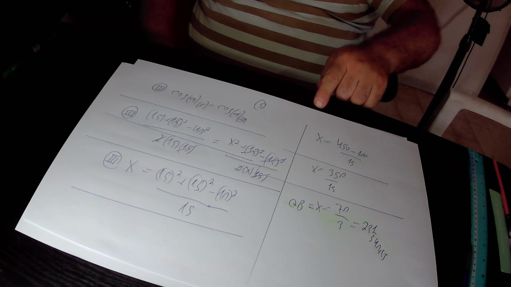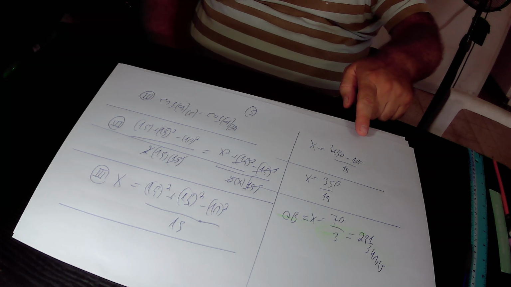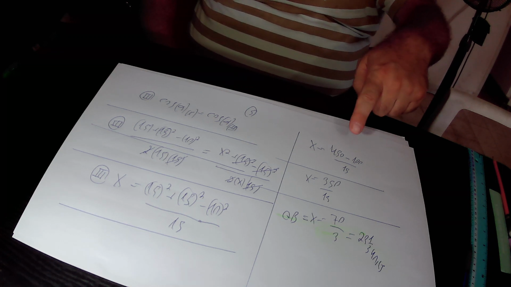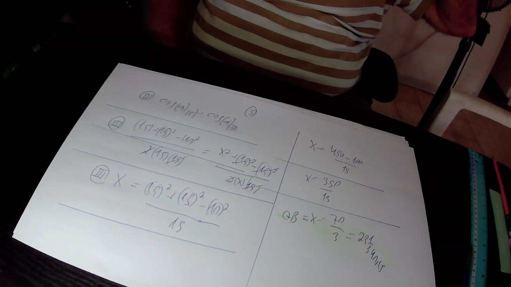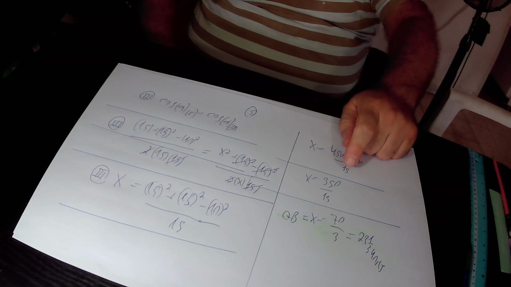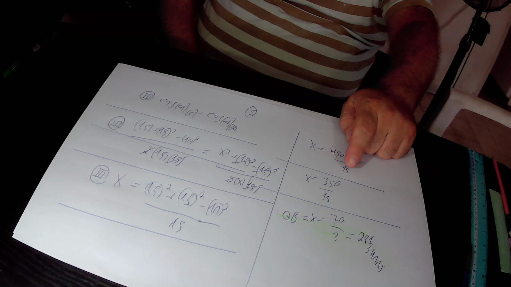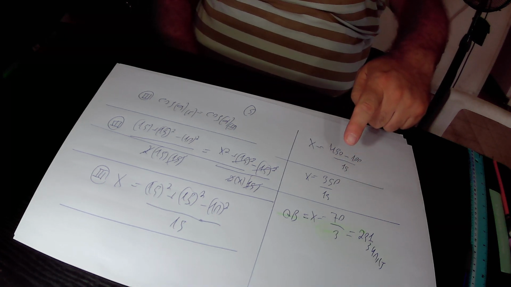So x equals 450 minus 100 over 15, which is 350 over 15. Here we divided both the numerator and the denominator by 5: 350 over 5 is 70, and 15 over 5 is 3.